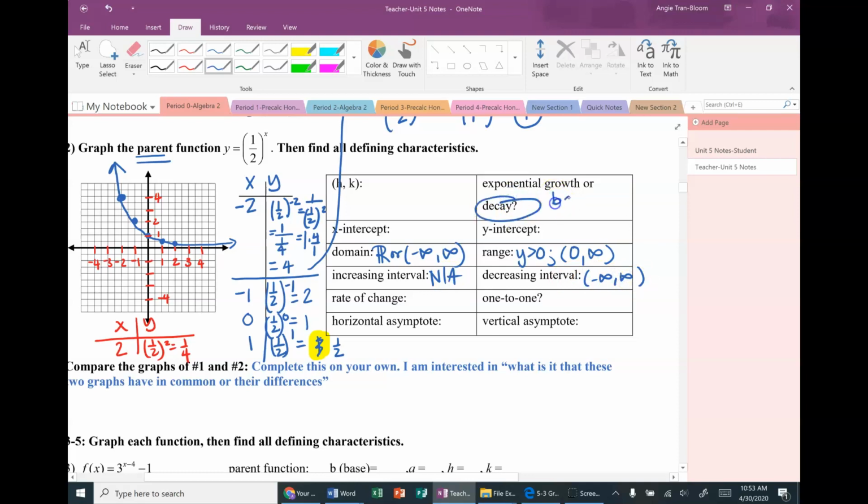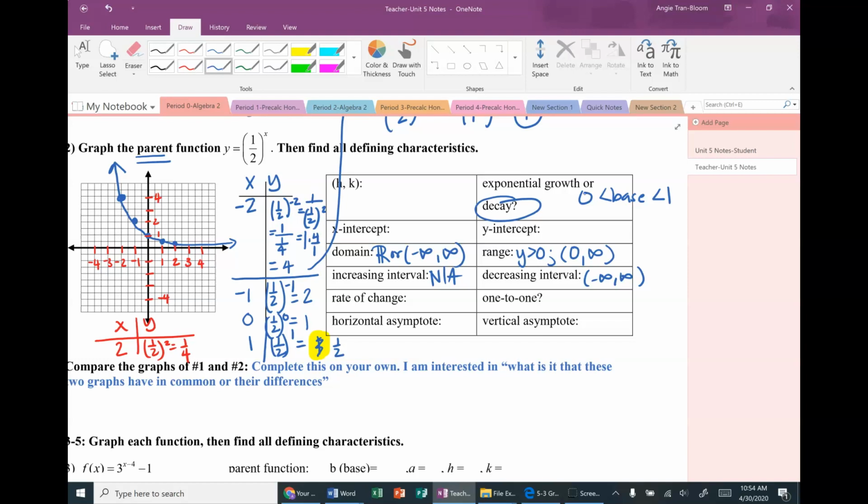And decay means your base is less than 1, but bigger than 0. So for example, 9/10 would be less than 1, bigger than 0. It can be 1/3, 1/7, 4/5, anything like that. That will be your decay.